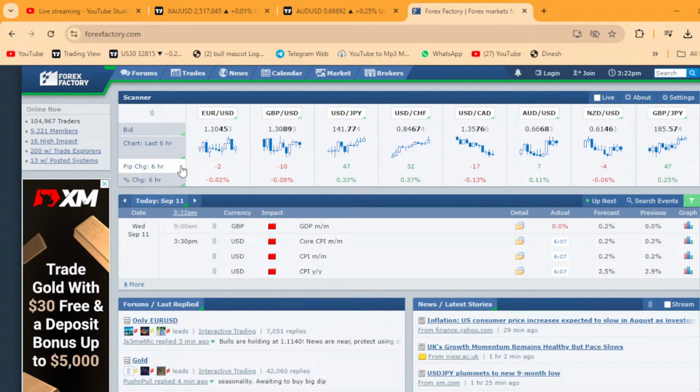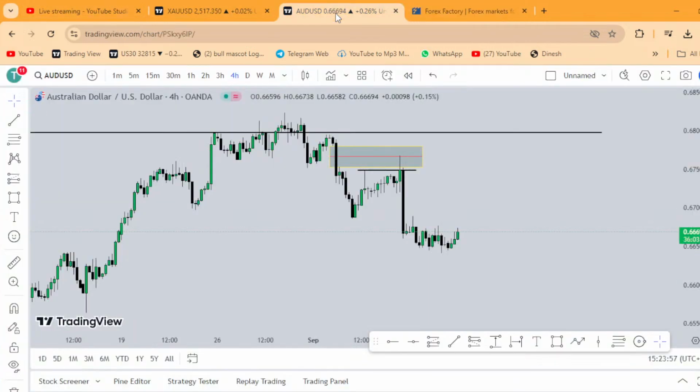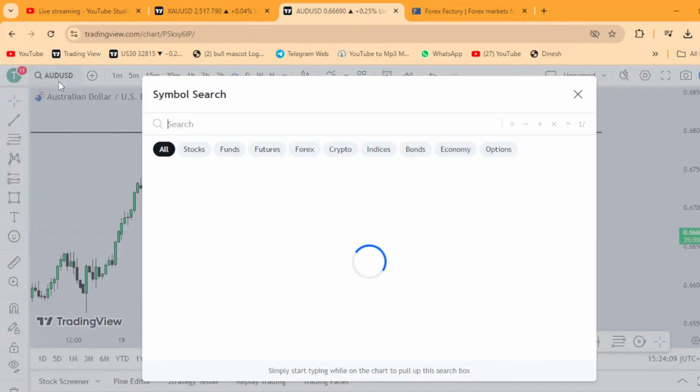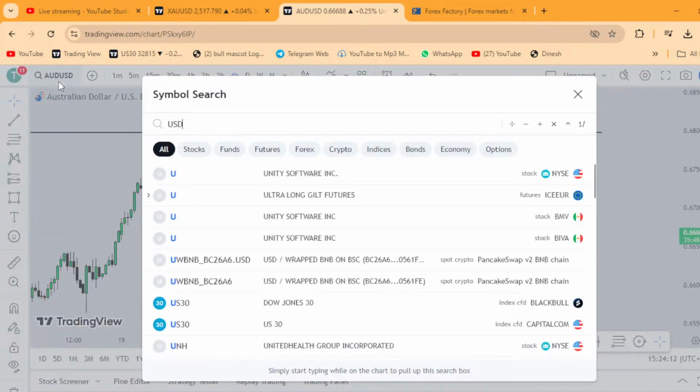Yeah. When we go on the charts, since I have very little time, I'm just going to have some small walkthrough based on the time frames, and I'm going to use USDJPY. This is what I'm going to base my analysis on.